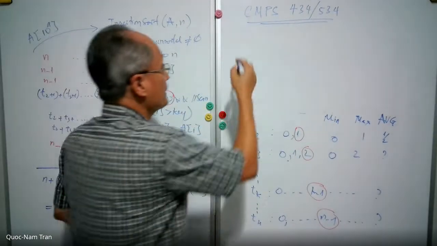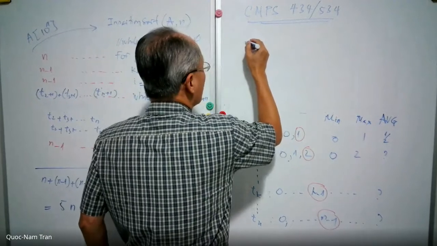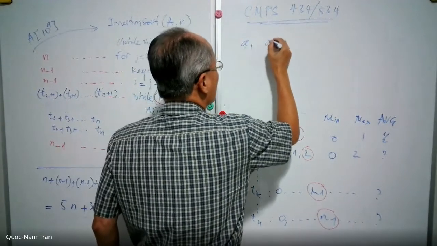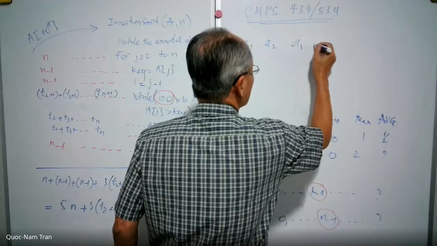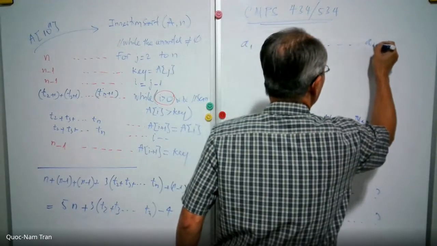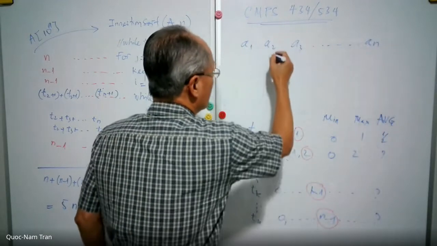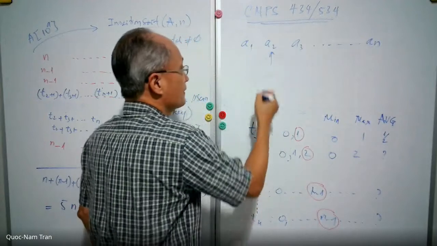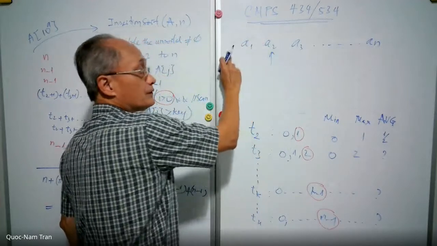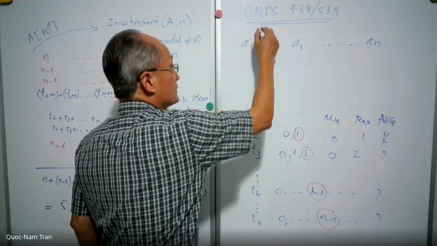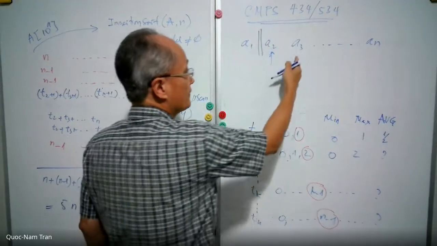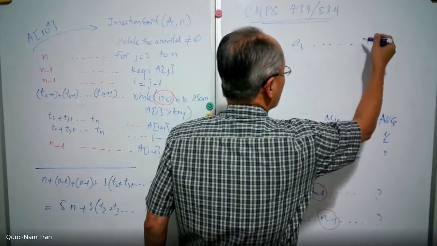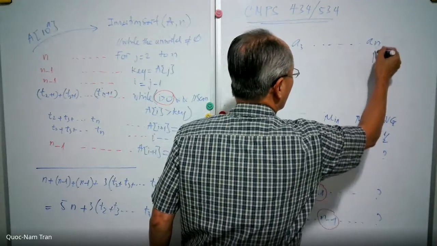Again, we have the input sequence A1, A2, A3 to An, right? So what is the average case when we insert A2 into the sorted part? Same thing for A3 and then same thing for An.